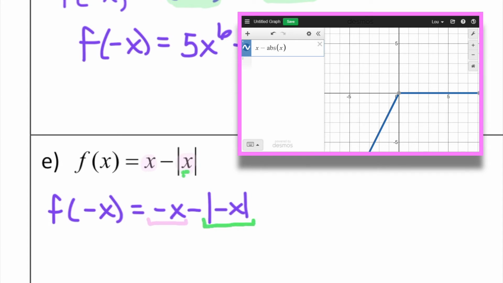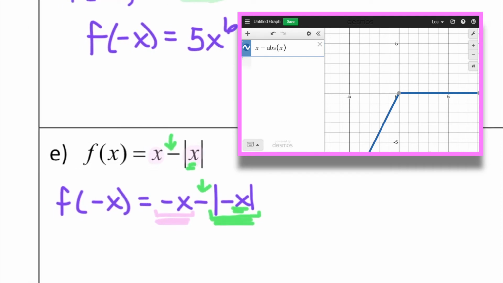Whether you start with x or negative x, your answer is going to be the same because it's going to be whatever the positive value of x is. And so this minus sign here does not change. So what I underlined in pink changes. What I've underlined in green, the absolute value part, doesn't change.